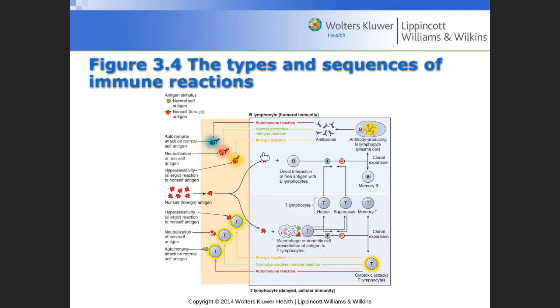There are 4 different hypersensitivities that I want you to note right now. Type 1, type 2, and type 3 are mediated by antibodies. And then the fourth hypersensitivity is mediated by T cells. You see here, mediated by T cells. This is known as cell-mediated hypersensitivity, if you will, whereas these are antibody-mediated.